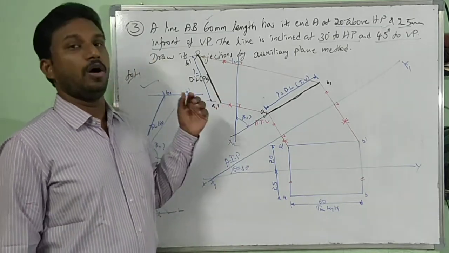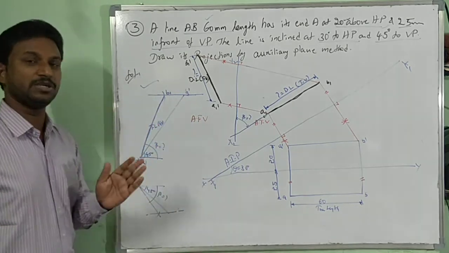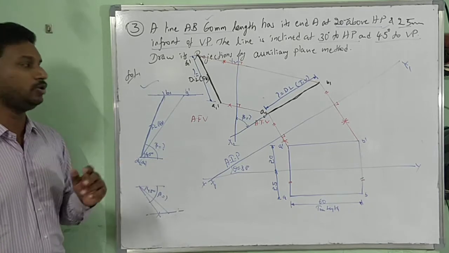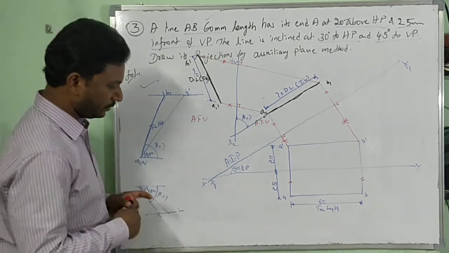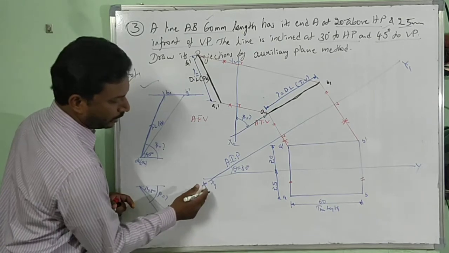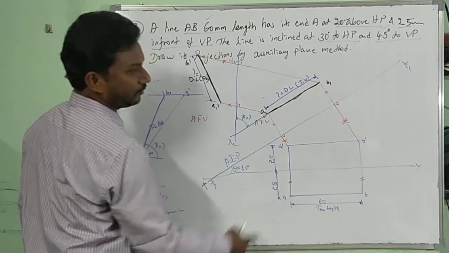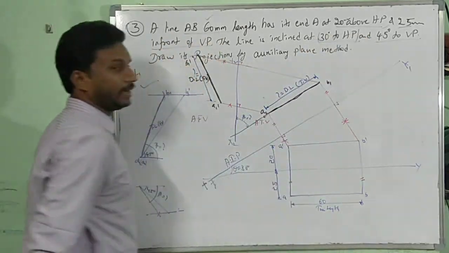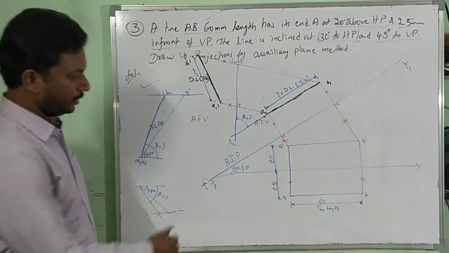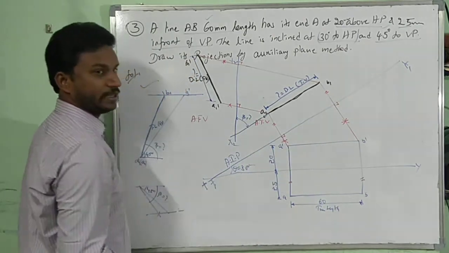Now as per the auxiliary plane method, your first step is to assume the line parallel to both the planes. See here, xy line parallel, true length 60, we have drawn. After that, first of all considering 30 degrees to HP, theta, draw new x1 y1 at an angle of 30 degrees.